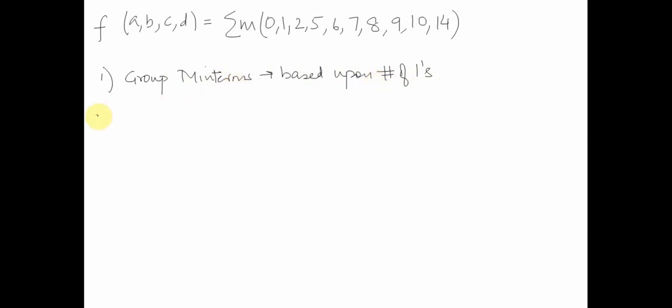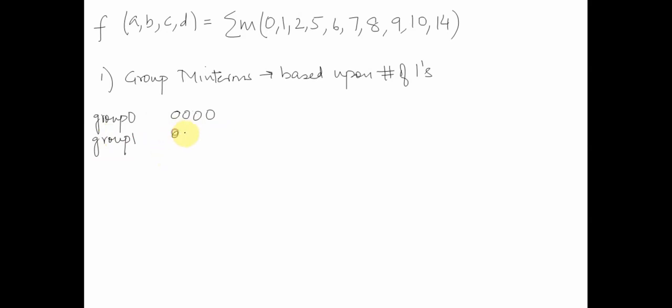In this particular case we will have a group 0, where the number of ones is 0. So there will be a grouping of 0, 0, 0, 0. Let's name the next one group 1, and this group 1 will have all the terms which have exactly one digit as 1.